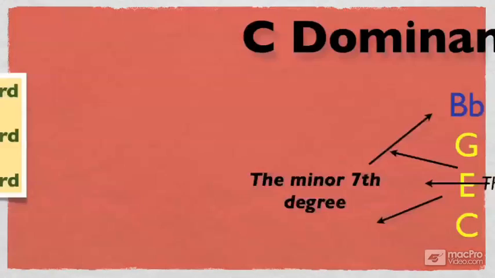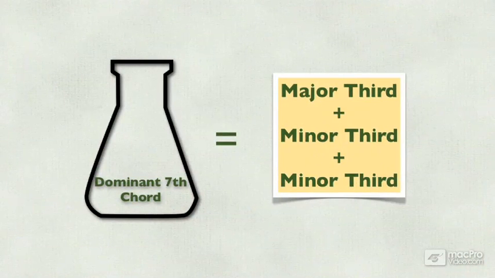The formula here is major third, minor third, and a minor third. Dominant seventh chords are an important part of composition because they strongly establish a feeling of resolution back to the tonic chord. We'll find out more about this when we discuss chord progressions and modulation, but for now, let's look at an example to illustrate the point.